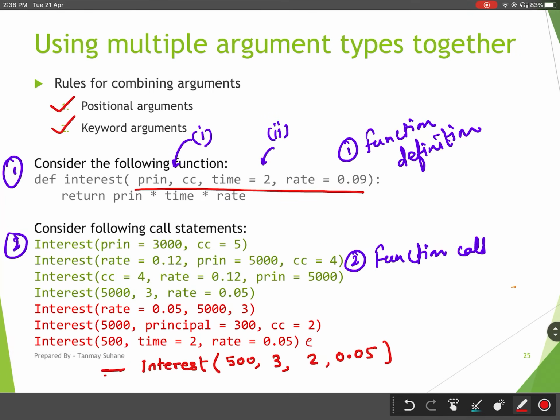If it is correct, then what will be the output? This is your question.